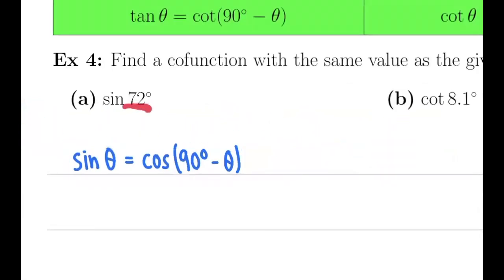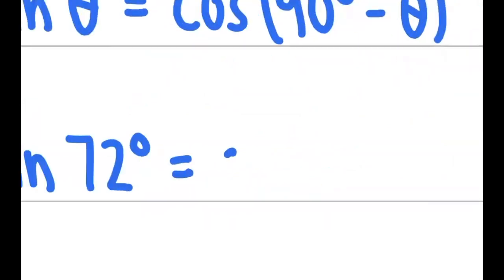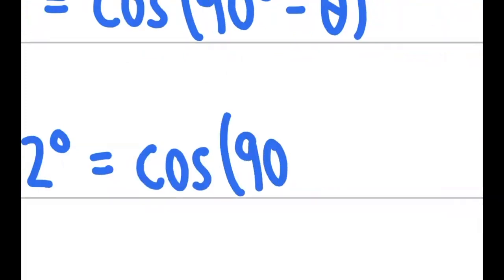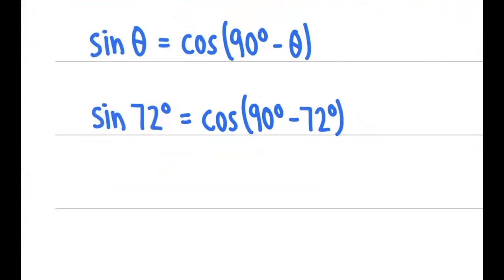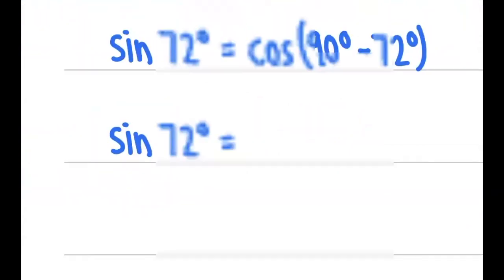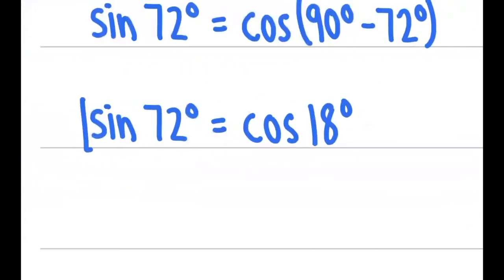In this case, theta is 72 degrees. So sine of 72 degrees equals cosine of 90 degrees minus 72 degrees. And 90 minus 72 is just 18. So sine of 72 degrees equals cosine of 18 degrees.